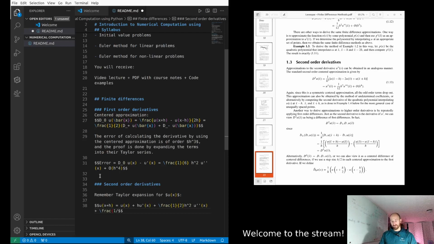So 1 over 1, 1 over 2 factorial, 1 over 3 factorial, which is 6. And then h cubed, and then u triple prime of x, etc. Plus dot dot dot.